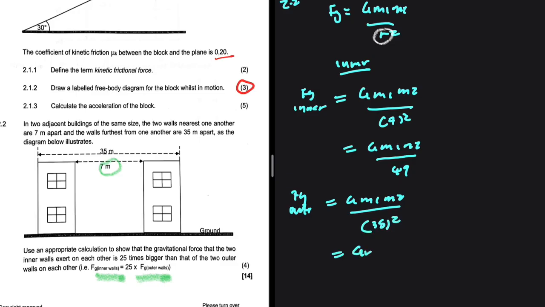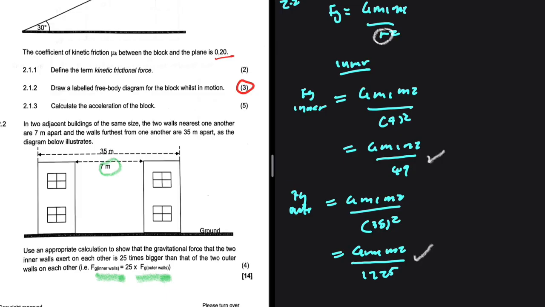What is 35 squared? That is 1225. So here we have Fg for the inner walls, and here we have Fg for the outer walls.